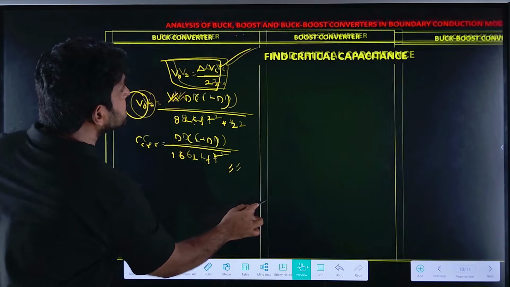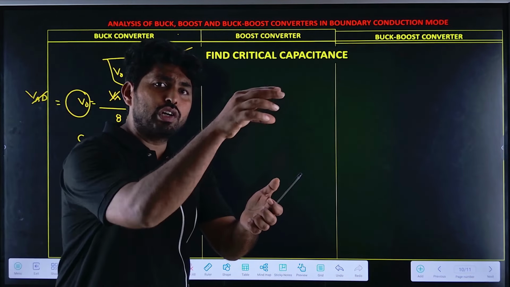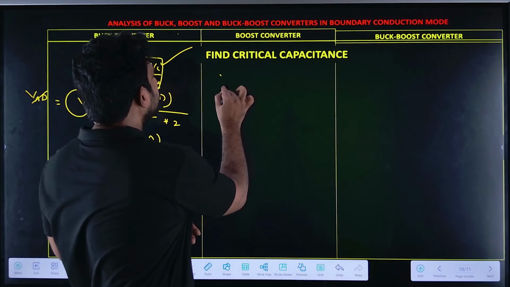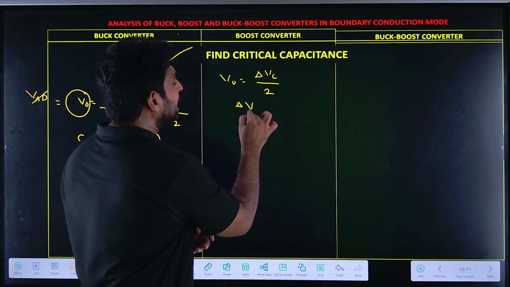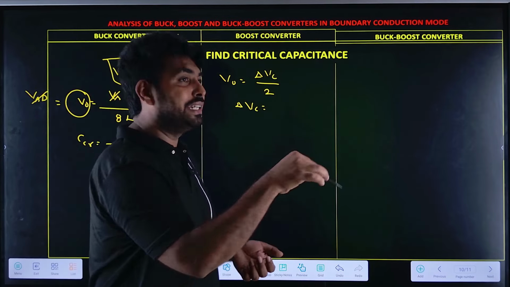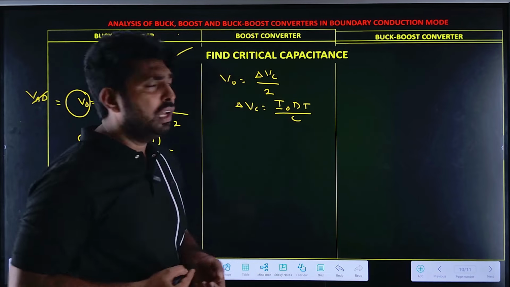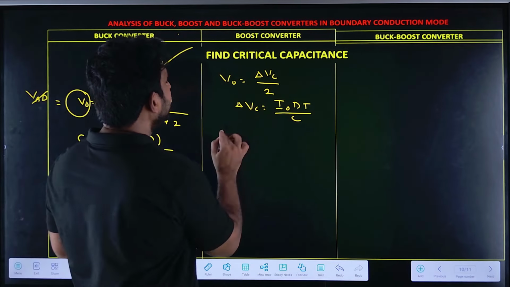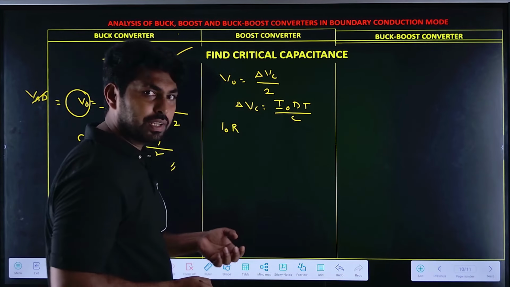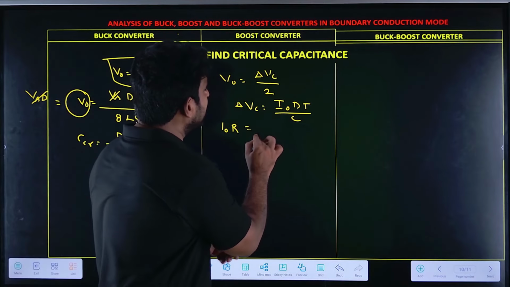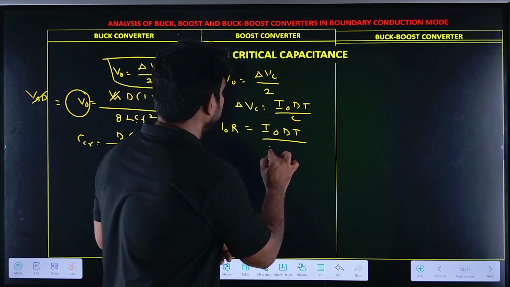Similarly, let us calculate for the boost converter. V naught equals delta Vc by 2. What is the delta Vc expression here? Delta Vc will be I naught into dt divided by C. Now let's substitute: V naught I will replace with I naught into R. So the expression will be I naught into d into t divided by 2C.